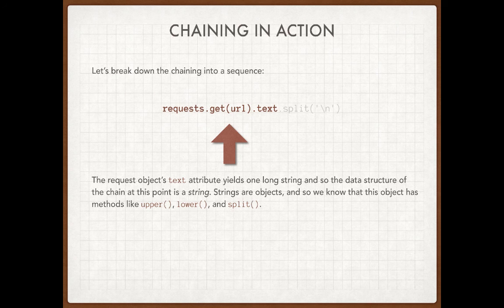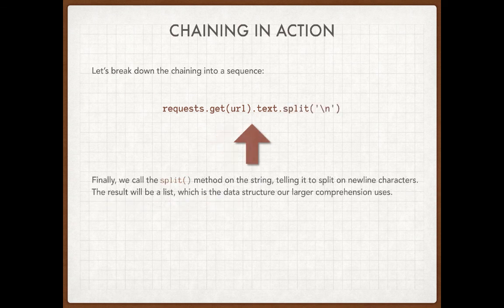So that object has methods like upper and lower and yes, split. So now, because it's text, I can split that on any character in the text, and I'm going to split here on new lines. Now when I split a text, I get a list. So at this point, the entire chain amounts to a list. Now that's not where I started.